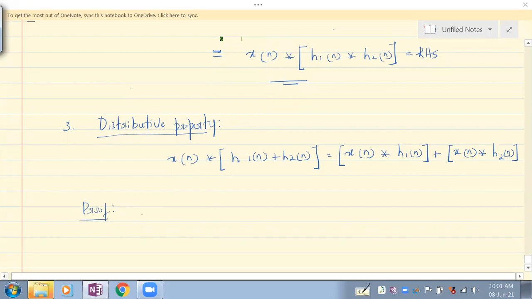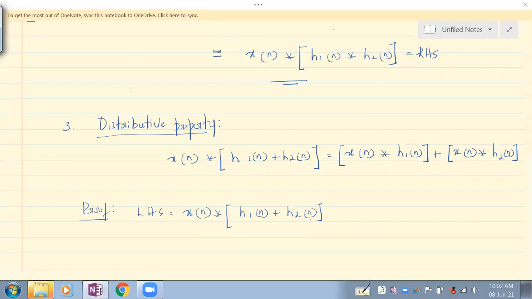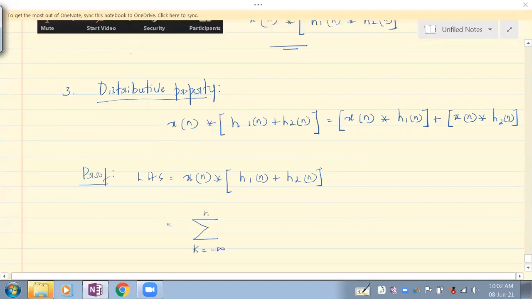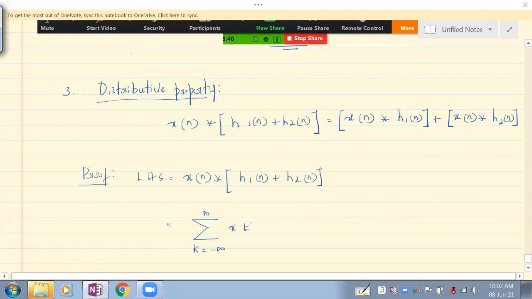Let's consider the LHS, which is x of n convolution of h1 of n plus h2 of n. Now, what is this? If we write the equation for convolution sum, this would look like summation k ranging from minus infinity to plus infinity x of k, and in the second signal n would become n minus k.